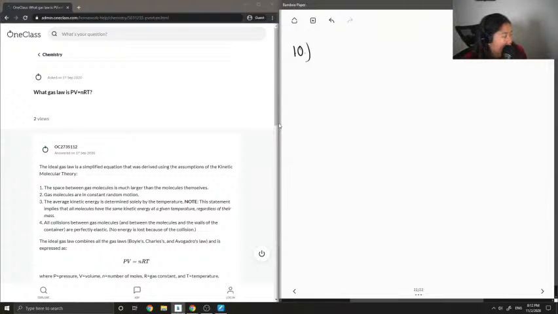This gas law is derived from the kinetic molecular theory, which basically has different assumptions.